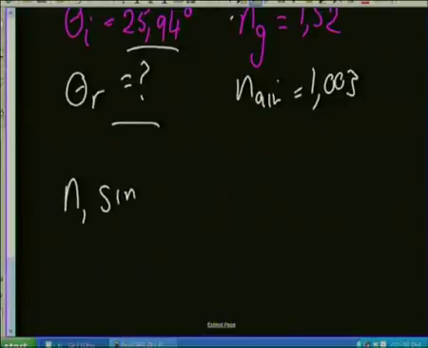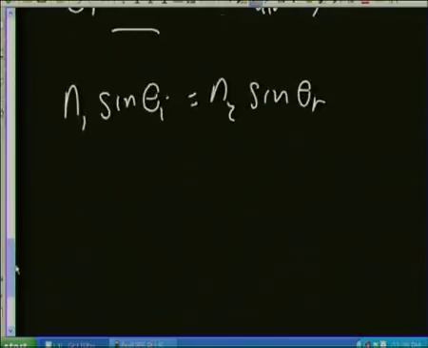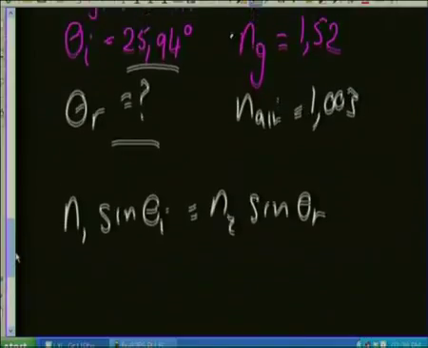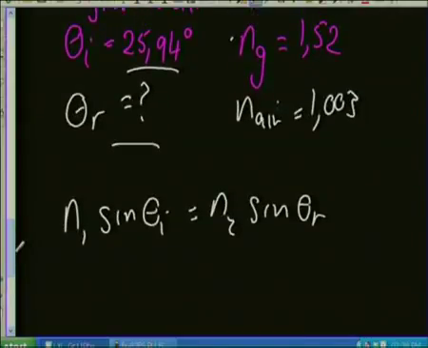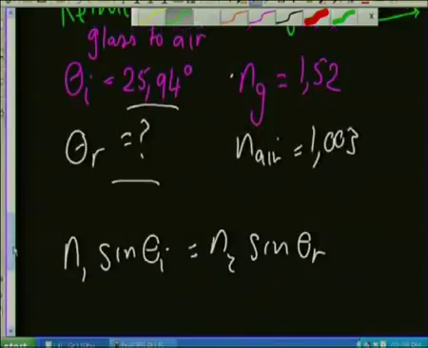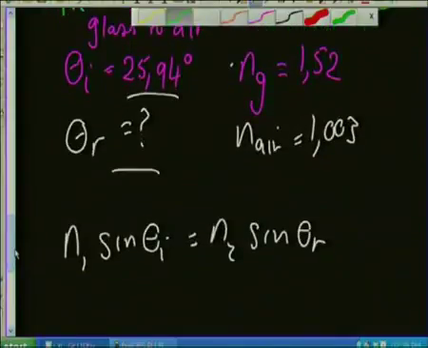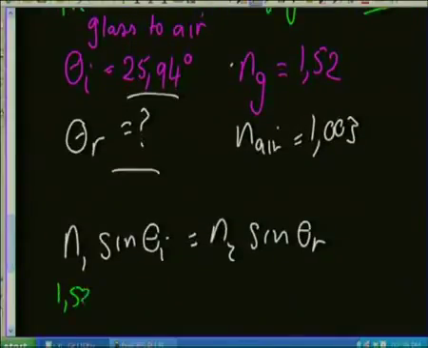N1 sine theta I equals N2 sine theta R. Now, we want to find sine theta R on its own, but let's substitute first of all, and then we can manipulate and change. The reason we do this is so that you can get the marks. The refractive index of the first material was the glass, and we calculated that as 1,52.